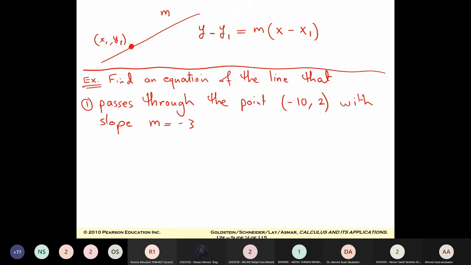Okay, we need to find the equation of this line.